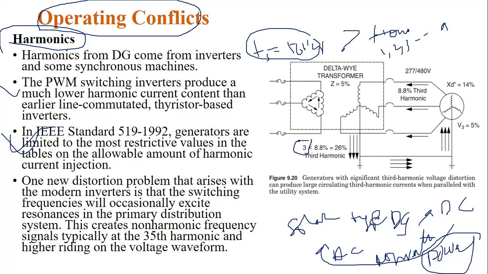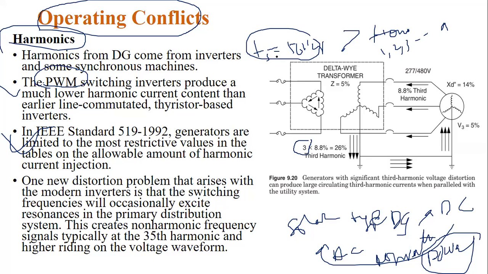Because of thyristor based power converters and other things, some amount of harmonics are injected into the system. How do we reduce the harmonics in the system? We use several different types of PWM, pulse width modulation techniques, to reduce the harmonics and to increase the performance of the converter.